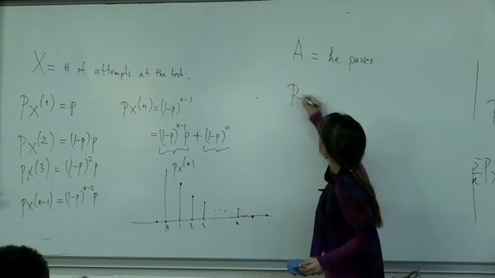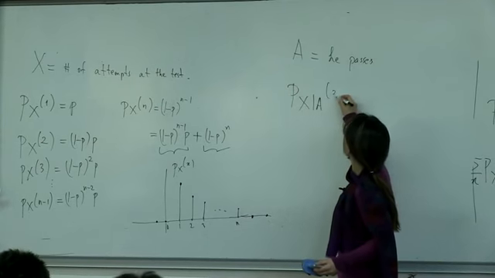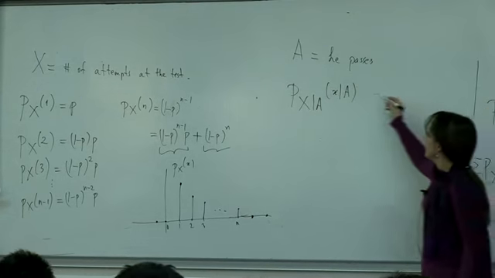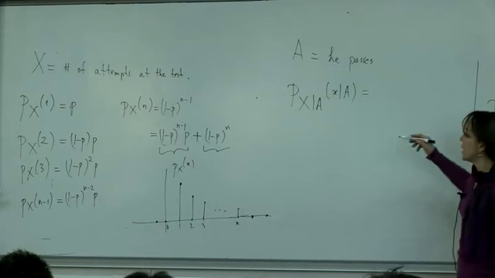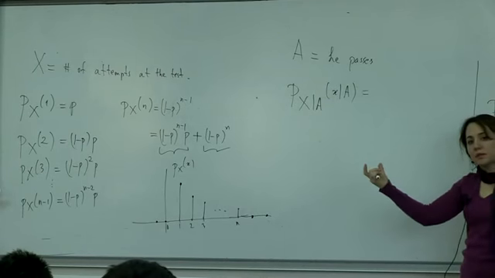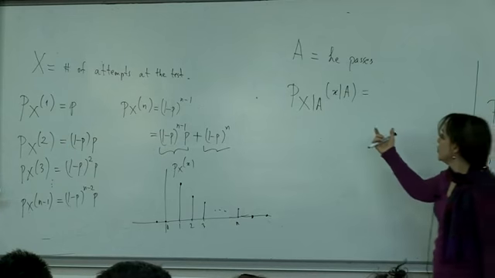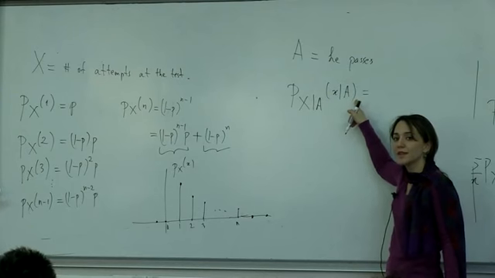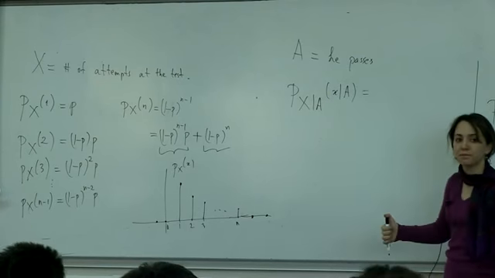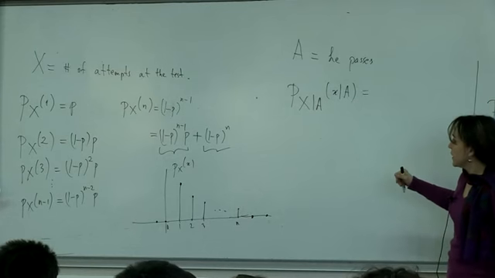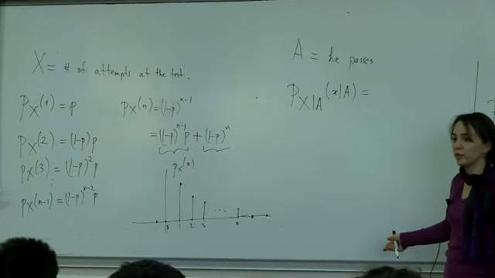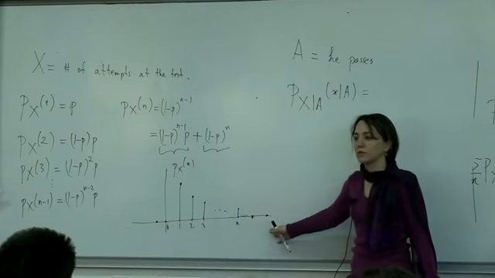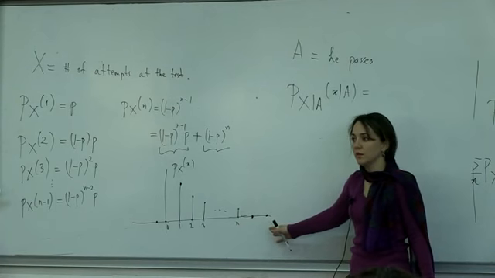P of x given A. Remember, we just limit to values of x that are possible when event A happens, and then normalize. Given that Ali passed, what values are possible for the number of tests taken? All values. Right? All values are possible.